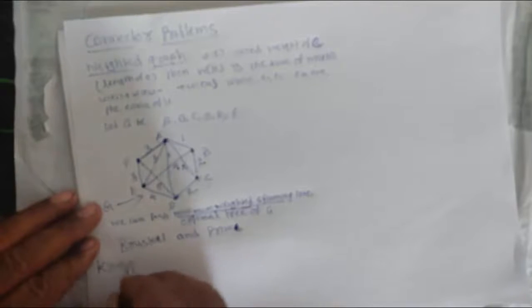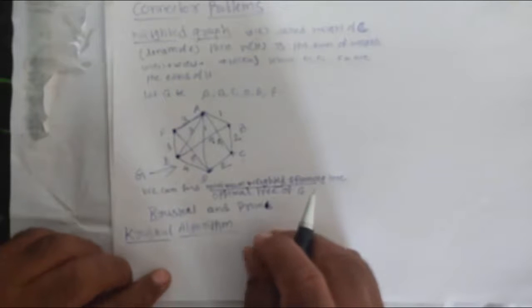First, let's see Kruskal's algorithm. In this algorithm, first choose an edge of G which has the smallest weight among all the edges.